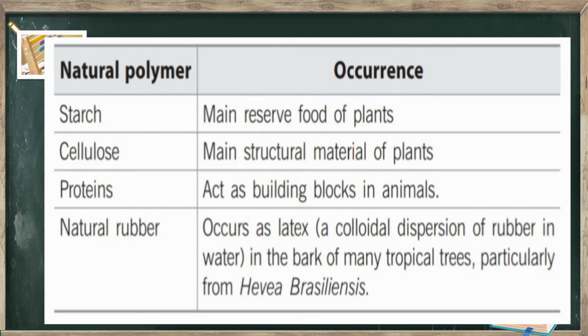Starch is food present in plants, cellulose is the structural material of plants, proteins are building blocks in animals, and natural rubber occurs in latex in the bark of many tropical trees.